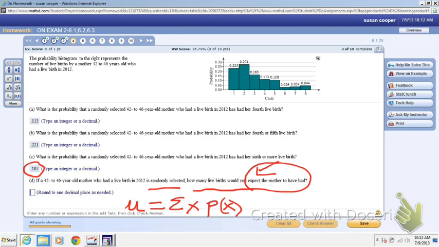Well, I'm just going to set this up and let you think about it. So basically each observation times its probability, because we're going to have to do that in the next problem.